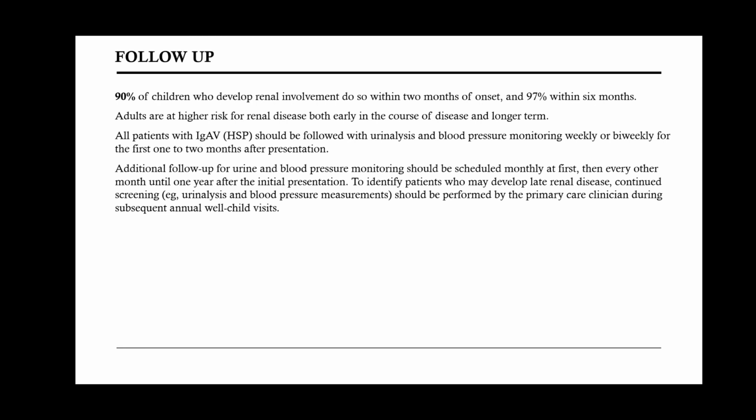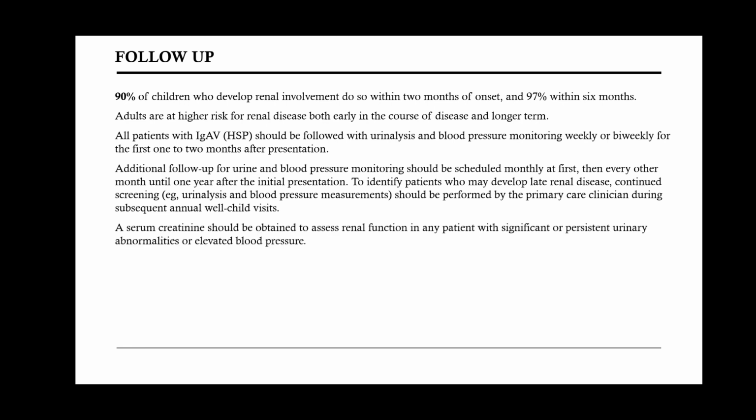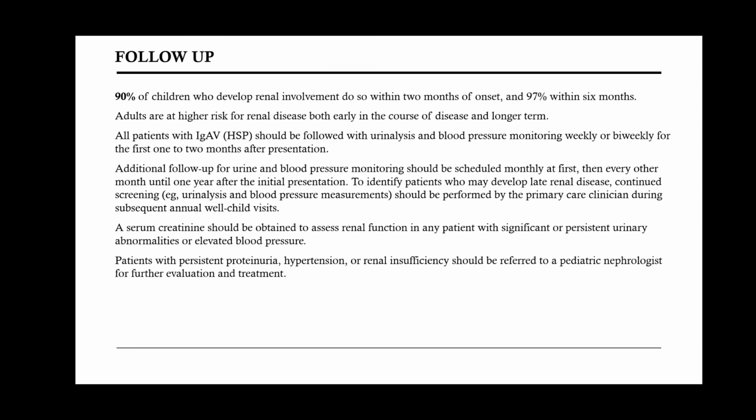To identify patients who may develop late renal disease, continued screening, such as urinalysis and blood pressure measurements, should be performed by the primary care clinician during subsequent annual well-child visits. A serum creatinine should be obtained to assess renal function in any patient with significant or persistent urinary abnormalities or elevated blood pressure.